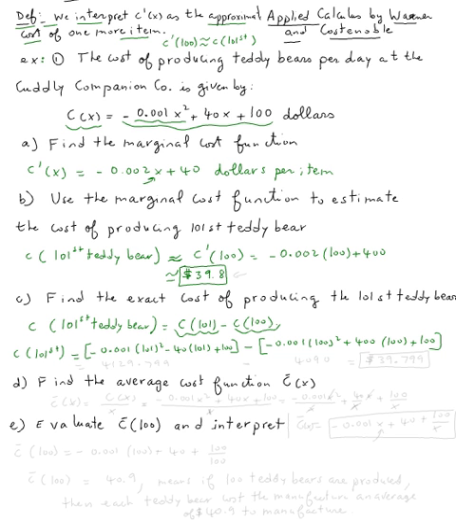Now just use a calculator. This will be equal to 4129.799 minus 4,090, and that will be equal to $39.799. So this is the exact cost.